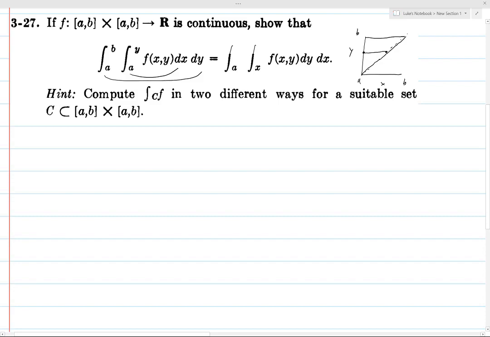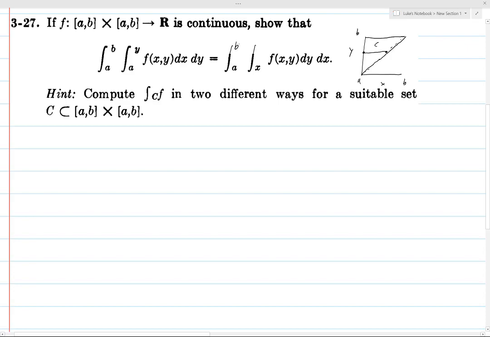It says to compute the integral of C in two different ways for a suitable set C, and of course this is going to be our set C. We know this is what it looks like when you first range over y and then over x. So what if you range over x and then over y? Well, x can range over any values between a and b, so the x integral should start at a and go up to b.